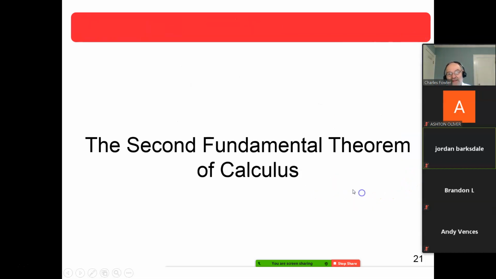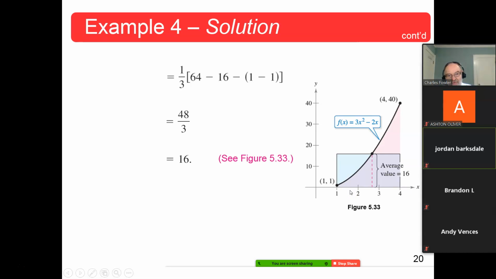That's sort of lucky because it was quite likely this is going to go negative down here, and that doesn't really work too well when you're below the x-axis. So you need to stay above the x-axis. From 1 to 4, you're always above the x-axis. And there's your function. The area under that curve is the pink and blue together here. And the average value is this right here. What do we say?